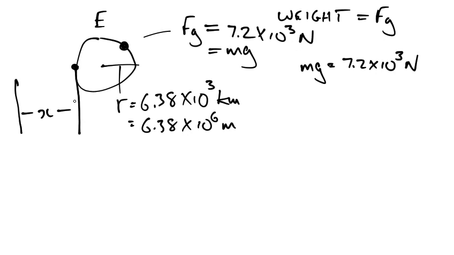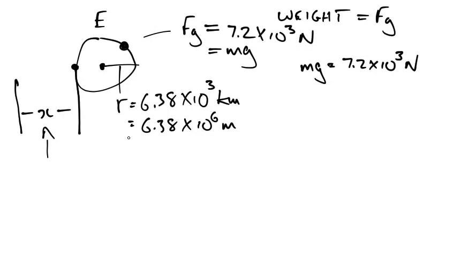So whatever distance x is, we have to add the radius of the Earth to that, because all our equations work from the center. So don't get tricked if a question asks from the surface.